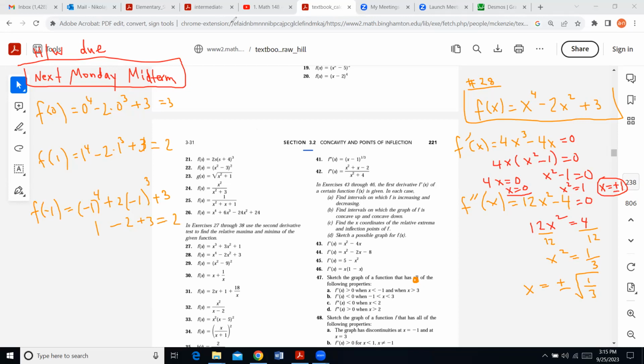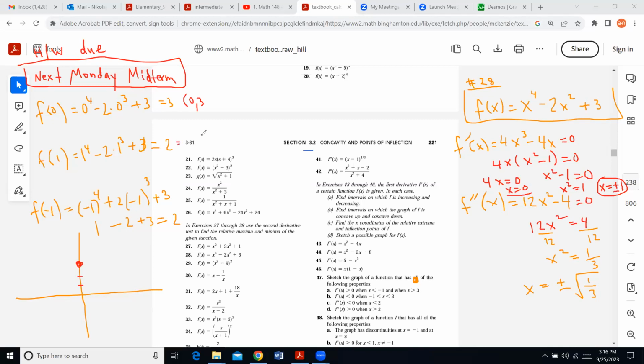We're going to now try to plot those points on the coordinate plane. So what are the points? Well, first one, when x is 0, y is 3. So put point 3 someplace here.